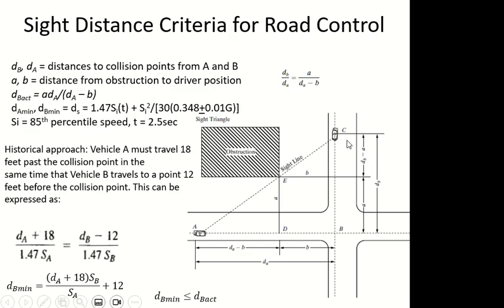Okay, so when they see each other, one of them decides to cross, the other one decides to stop. The time in which he crosses is the same time in which the other will come and stop. So the time is equal: time for driver A to cross the conflict point and time for driver B to stop behind the conflict point.